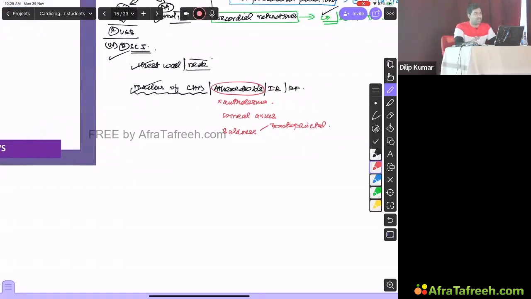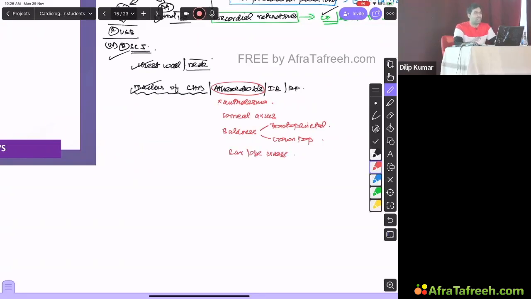The second one is called crown top baldness. And there is another sign called Frank sign. You know what that is? That's called earlobe crease. I don't know how many of you have heard about that. There will be a small crease running near the root of the ear. That is called earlobe crease, and that's called Frank sign.